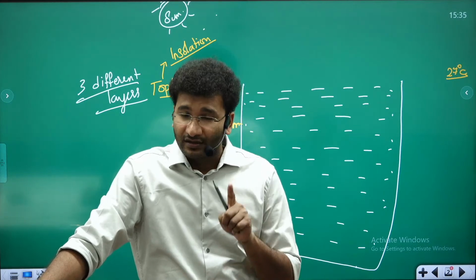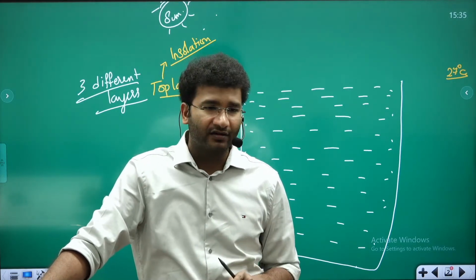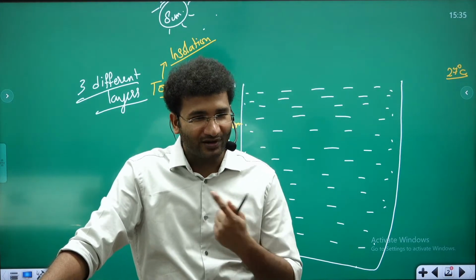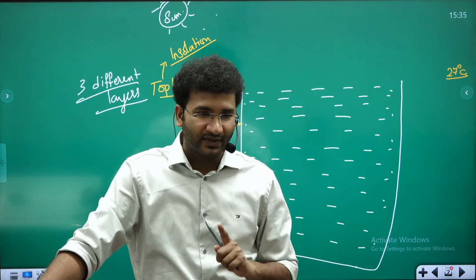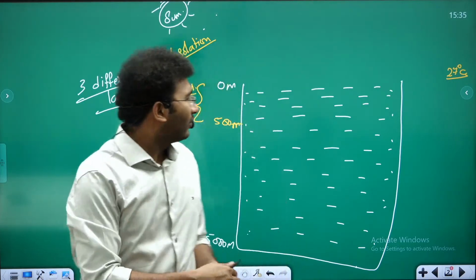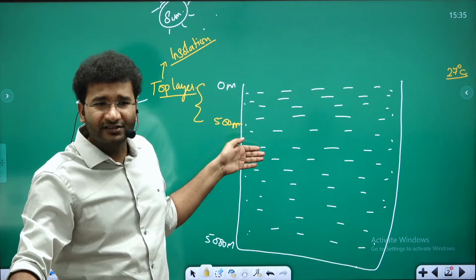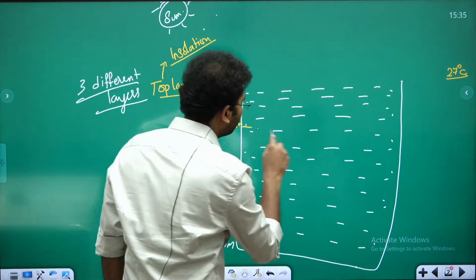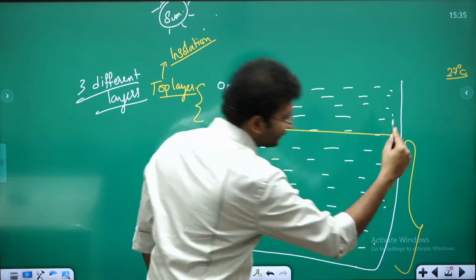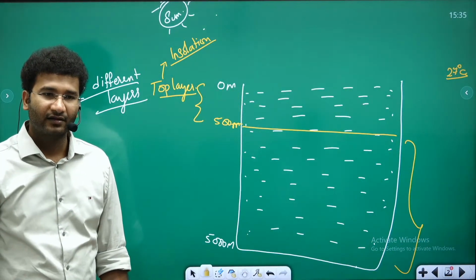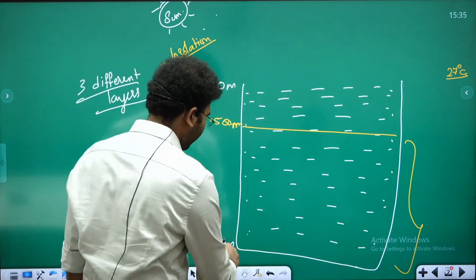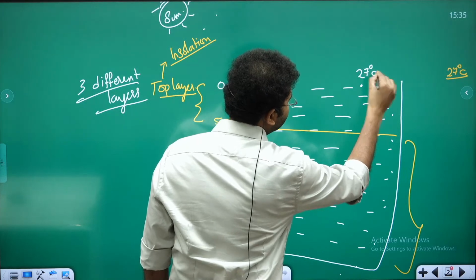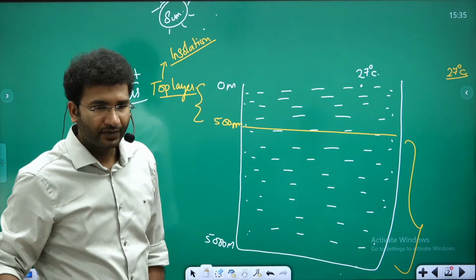ठीक है? Look, you need to be very clear when a question is asked, is it surface water temperature or is it complete ocean water temperature? Surface water मतलब they are only talking about 0 to 500 meters temperature. ठीक है? Bottom water means they are talking about the water present in this layer, right? ये मान के चलो, अगर आपका जो temperature है यहां पे 27 degrees Celsius मान के, let's assume, right?